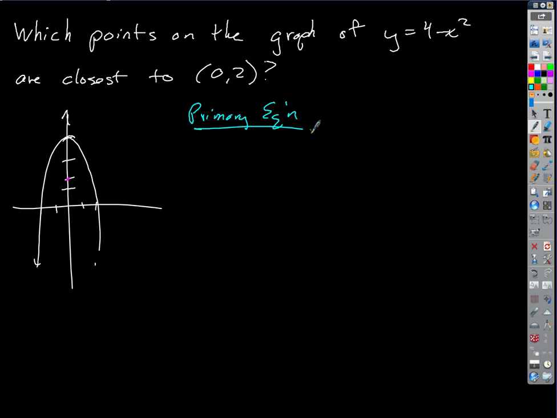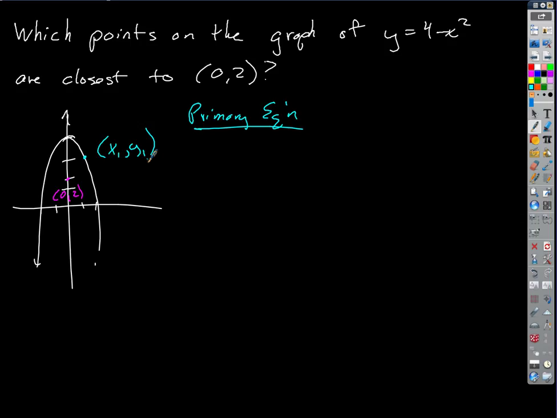So we've got some point on this curve that's going to have... we know that the coordinates of the point that we're trying to find the distance from are 0, 2. In general, a random point on the curve is going to have what coordinates? Well, we could call it something like x1, y1, right?